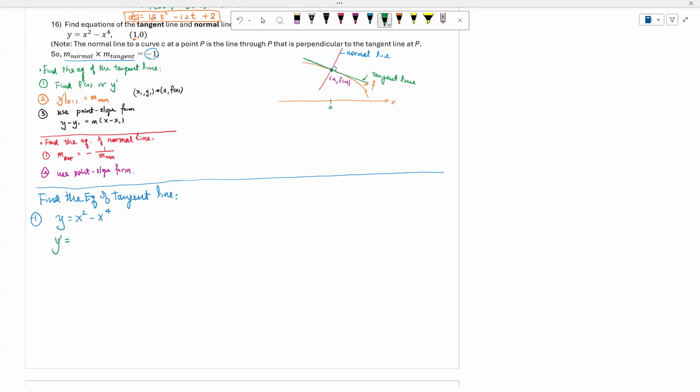Then of course my y prime is 2x minus 4x to the power 3. Now I would like to find the slope of the tangent, which is y prime evaluated at x equal to 1. Then it will be 2 times 1 minus 4 times 1 to the power 3. So in this case, it will be -2.